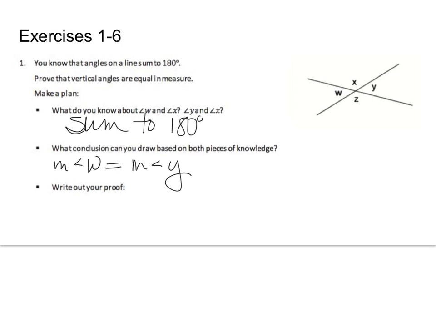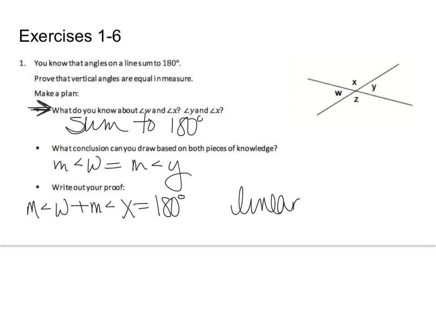So let's talk about our proof. First, we're going to use this step. The measure of angle W plus the measure of angle X equals 180 degrees. Our reasoning is linear pairs form supplementary angles.